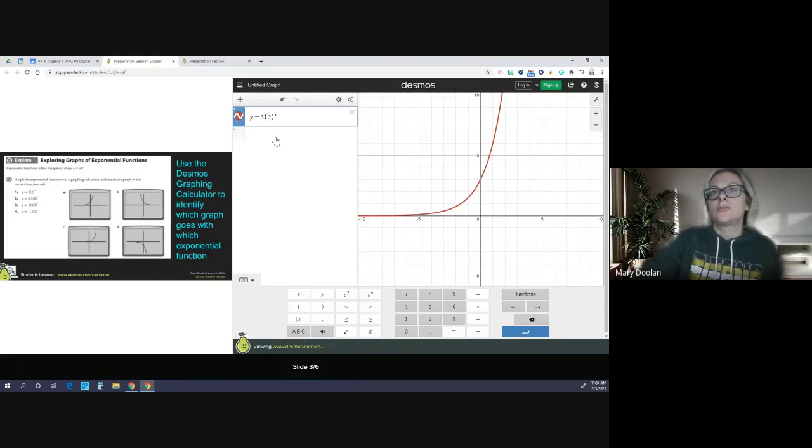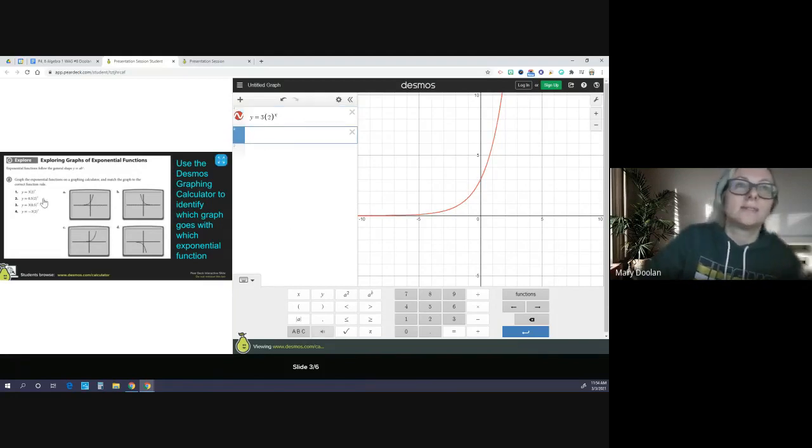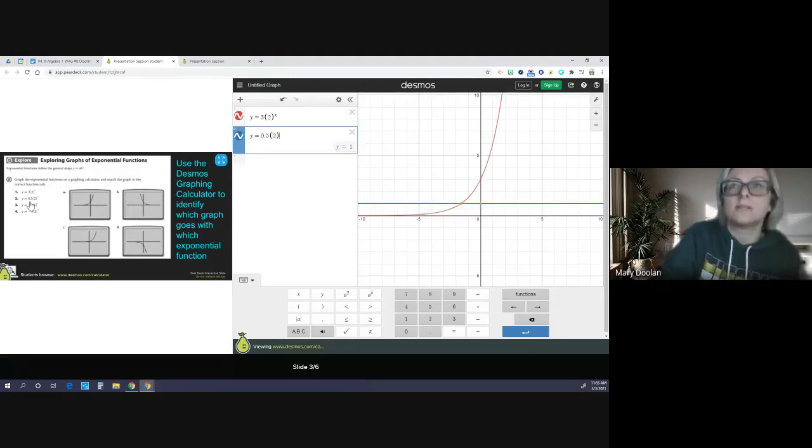Now you're going to click below and type the next equation. Y equals 0.5, open parenthesis, 2, close parenthesis.